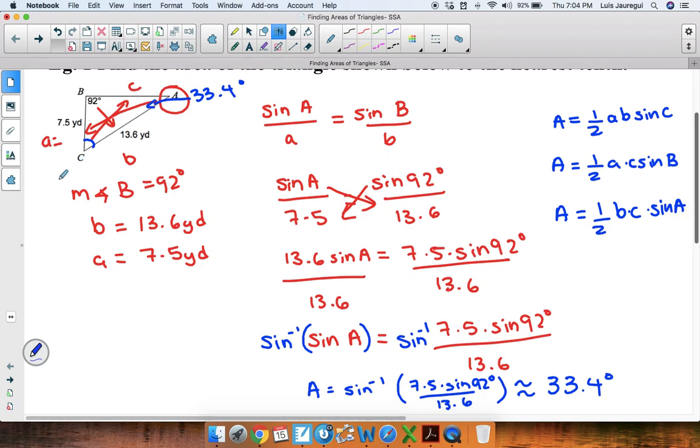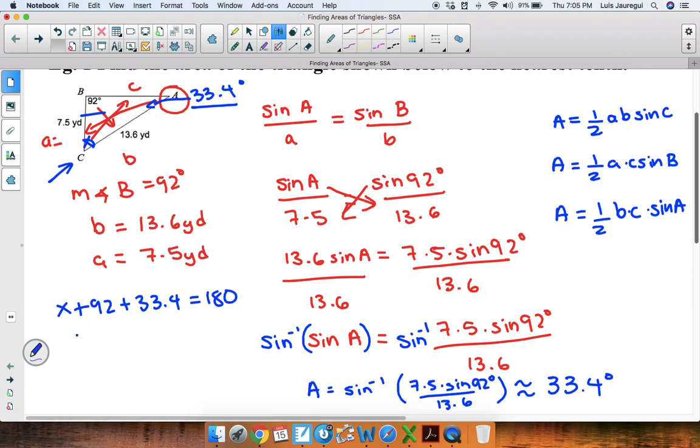So it would be faster for us to just get the measure of angle C, since we already have the measure for angle A and the measure for angle B, and we know that the sum of interior angles in a triangle is 180. So we can say, let me call this one x for now, x plus 92 plus 33.4 is equal to 180.